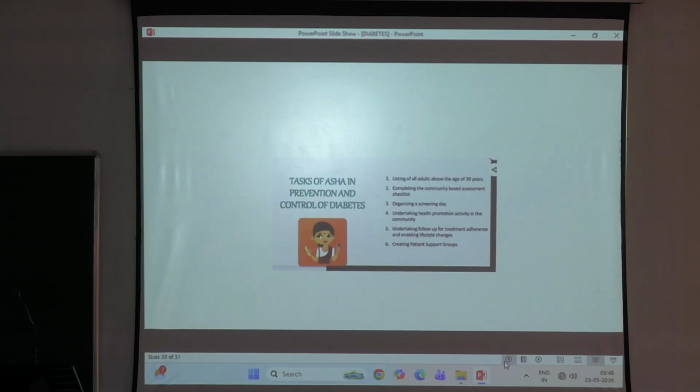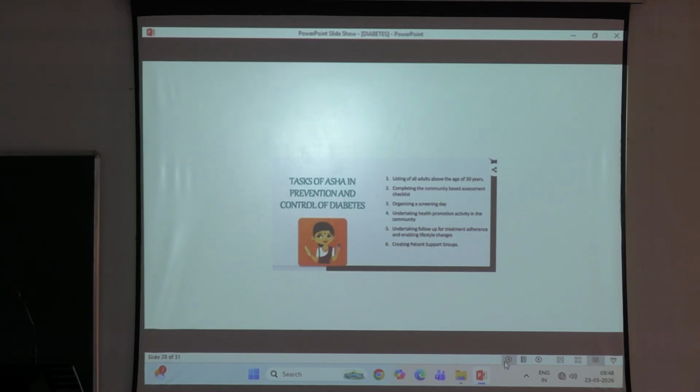And the ASHA worker does listing of all adults above the age of 30 years, completing the community assessment checklist, organizing a screening day, undertaking health promotion activity, undertaking follow-up, and creating patient support groups. So basically, it is the ASHA worker who is responsible for this in a big way.